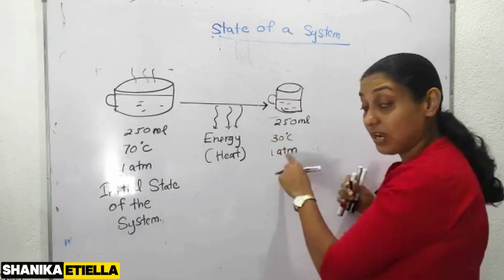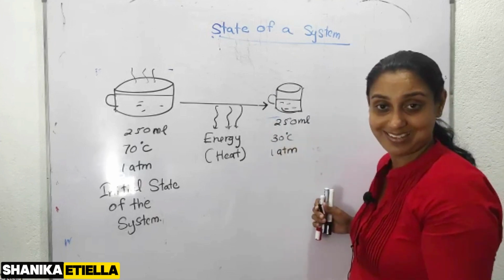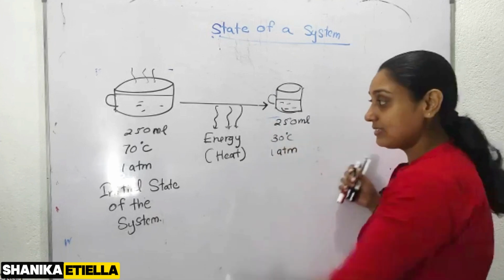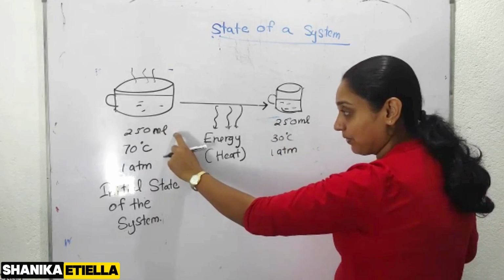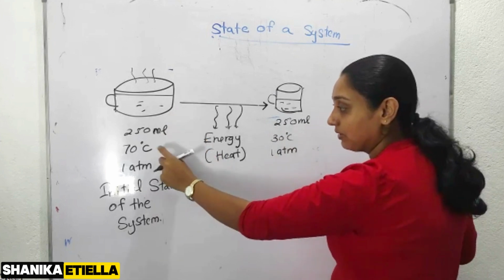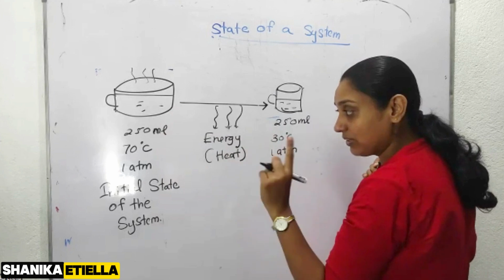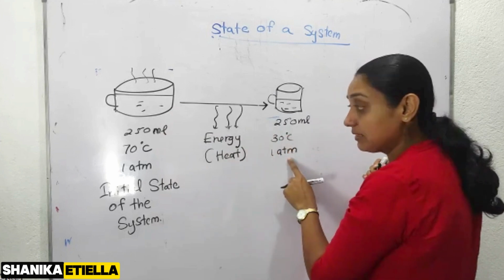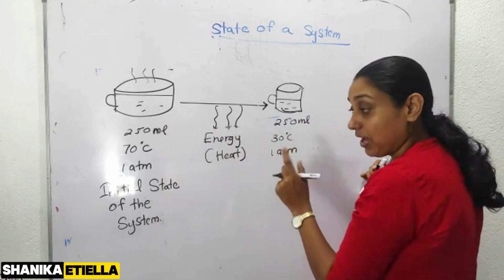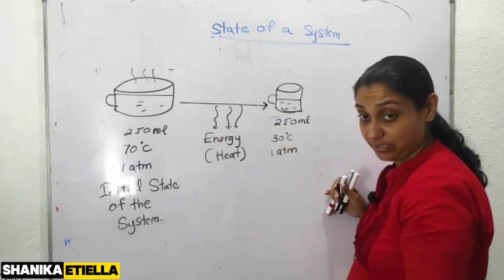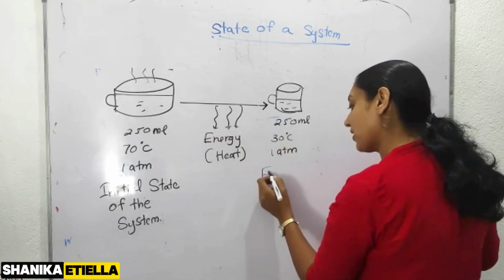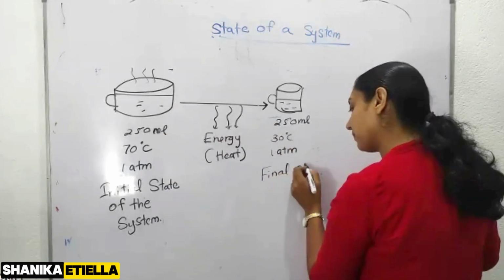Then once you start to drink that coffee, this is the point. Once the coffee is made or your mother brings it to you, and this is the state where you start to drink that coffee. This one is called the final state of the system.